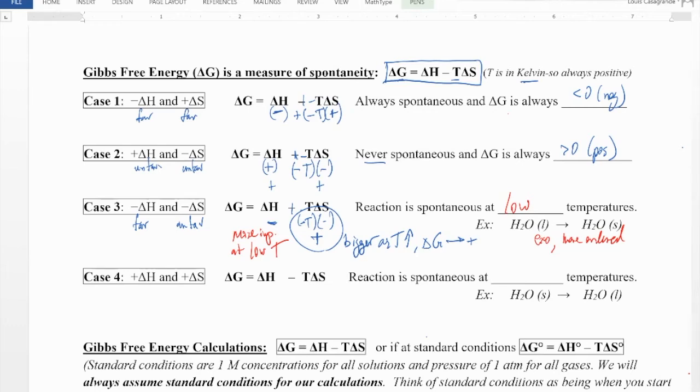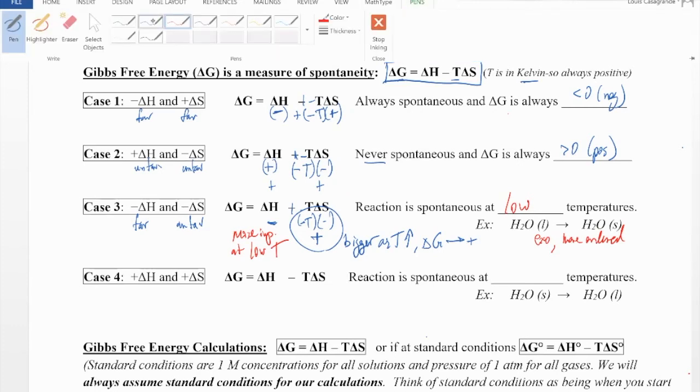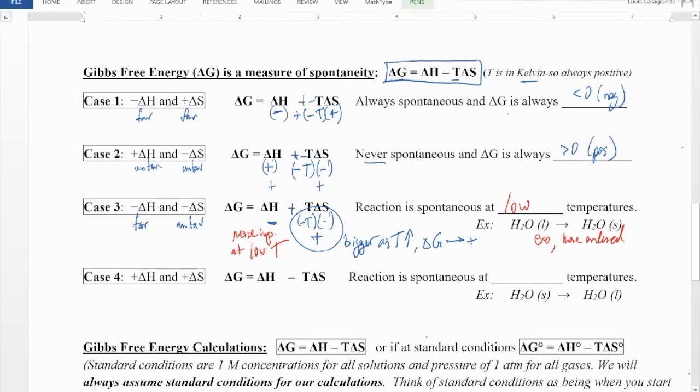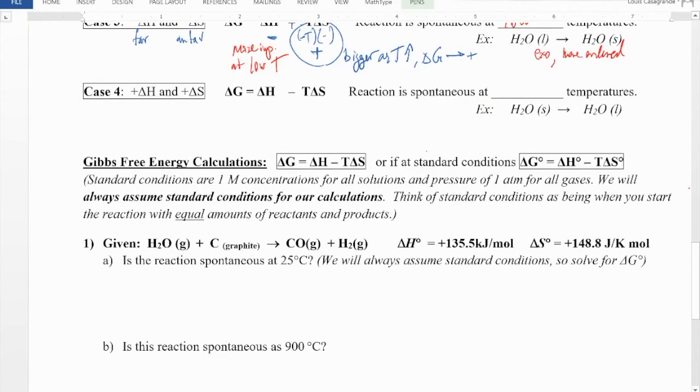Finally, in case number 4, we went the opposite way from case number 3. We had an unfavorable delta H and a favorable delta S. So our positive delta H, make that positive and negative, negative T, and a positive delta S. So again, this becomes larger as T goes up.